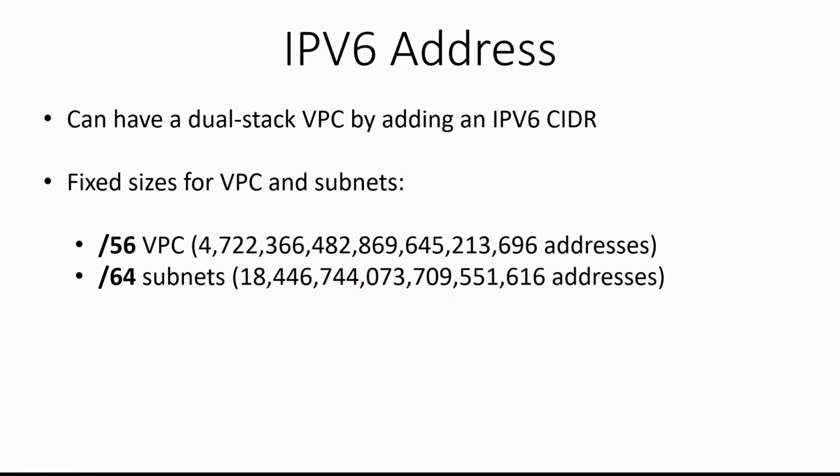Since we are running short of IPv4, IPv6 was introduced to address it, and AWS now supports IPv6 as well. That's why when you create a VPC, you get both options, IPv4 and IPv6.